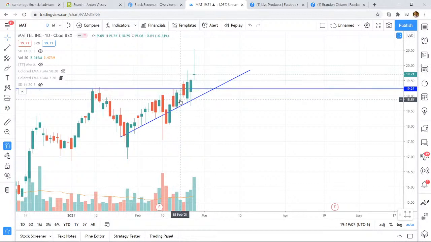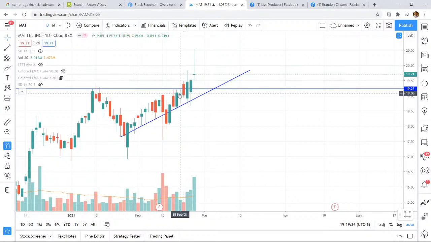And then the sellers and the buyers fought for price, and it gave you this indecision here. Basically, you had people selling it from the top here, and you had people buying it from the top here, and they met in the middle. And they said, hey, we don't know what to do. So then price gapped up above this line here and closed below, right?